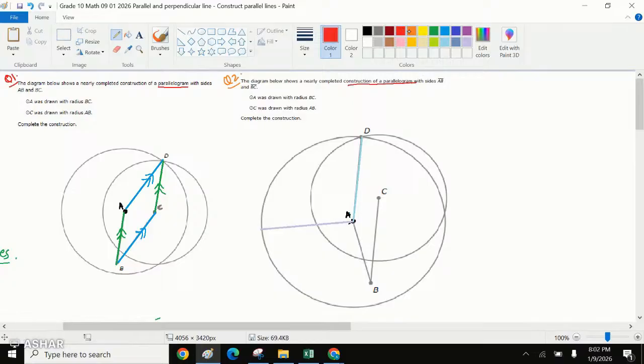So if we say that AD and BC was given to us and they were parallel lines, right? In case of a parallelogram, we need to have two pairs of parallel lines. This was just the radius, right? I just highlighted this just to show that this is the radius. Like AD is also the radius, same length.